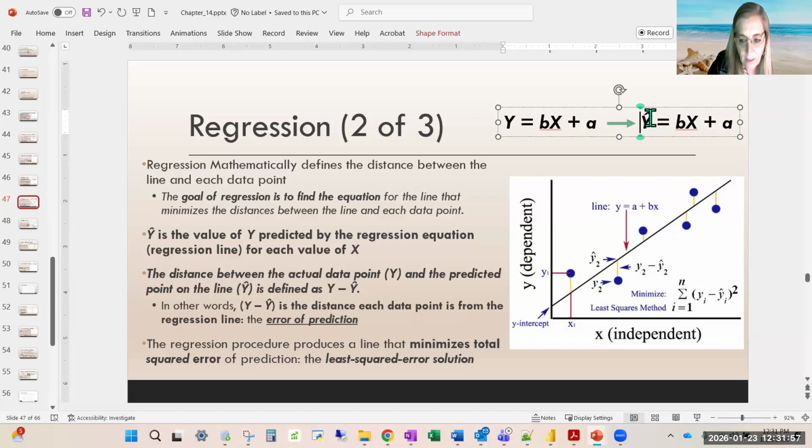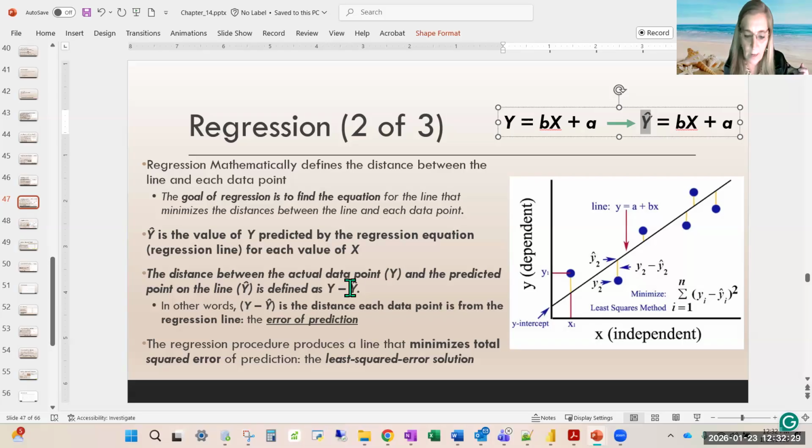And so in the equation, you'll notice y hat that I have here, right? So y equals bx plus a is y hat equals bx plus a. Y hat is the value of y predicted by the regression equation, or the regression line, for each value of x. So the distance between the actual data point, y, and the predicted point on the line, y hat, is defined as y minus y hat.